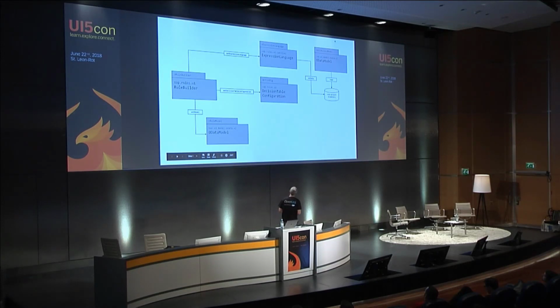On the left-hand side, we've got our rule builder. That's the thing we want to put on the screen. But that rule builder is nothing without its three little helper friends, one of which is the expression language. We saw that when we were looking at the API information in the SDK.